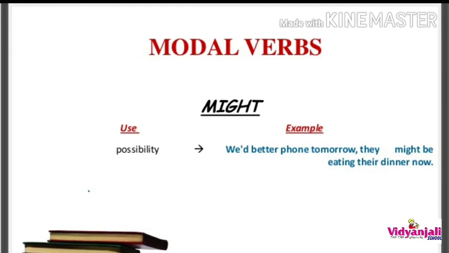At the same time, the other example, we would better phone tomorrow. They might be eating the dinner now. So overall, the less positive version of may is might. Hope you understood what I said.